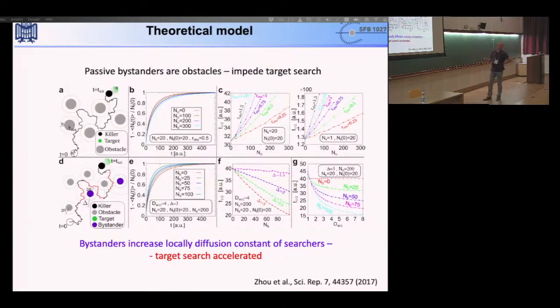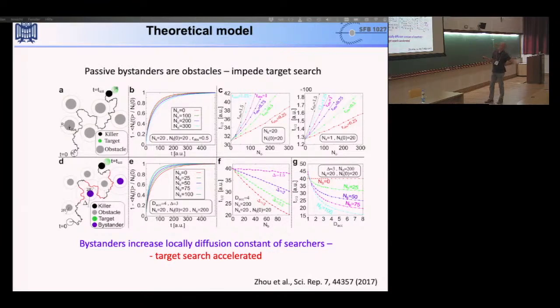And indeed you observe something: this is essentially the number of killed, so removed, targets for different obstacle numbers. Asymptotically, all targets will be removed, where the obstacles are really obstacles.